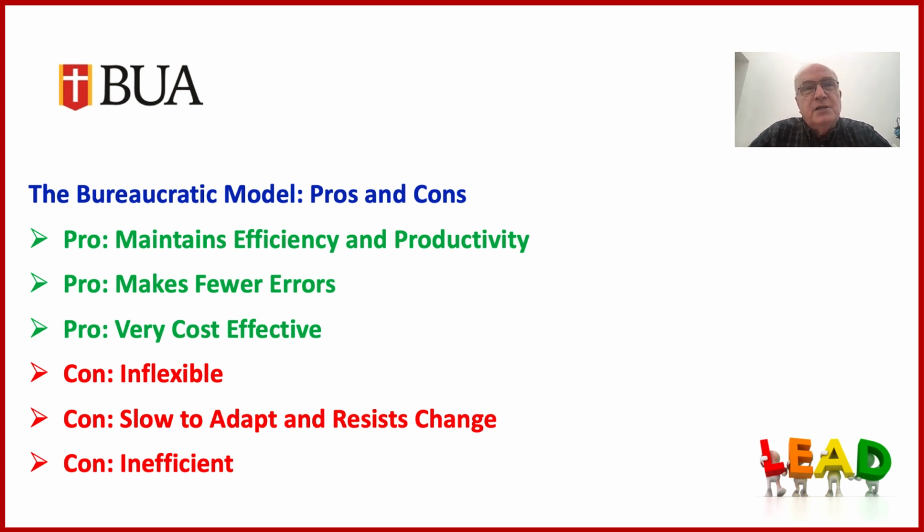Now, I want to explain that. How can it be cost effective and few errors and be inefficient? The reason it is inefficient is because everybody does their assigned task, whether that task is needed or not. I'm reminded of the movie The Young Victoria, where Prince Albert was upset because the windows were cleaned only on one side.